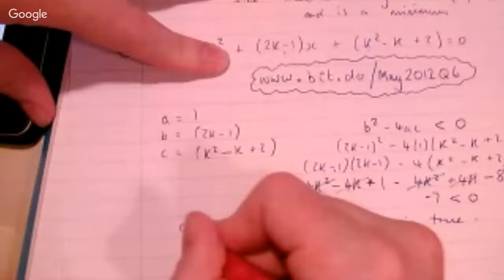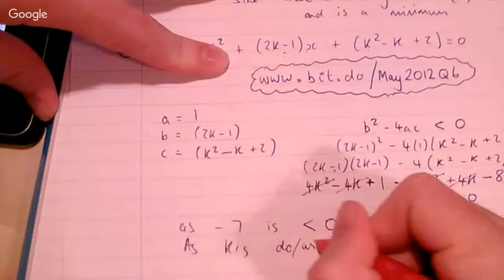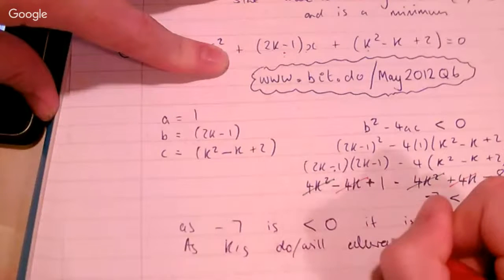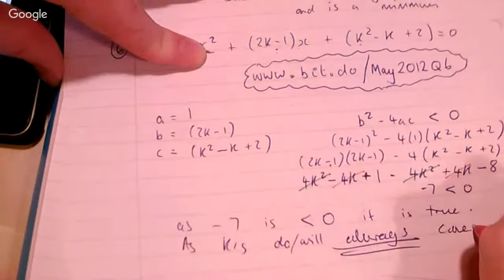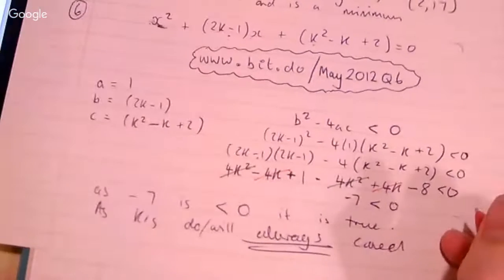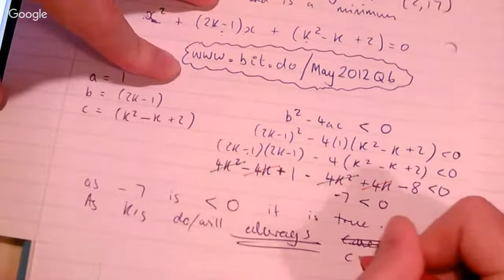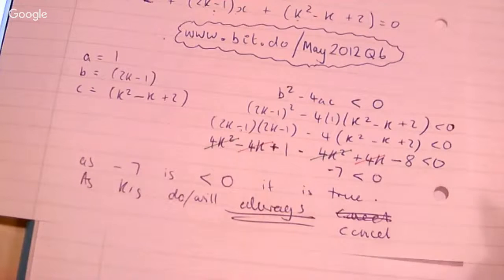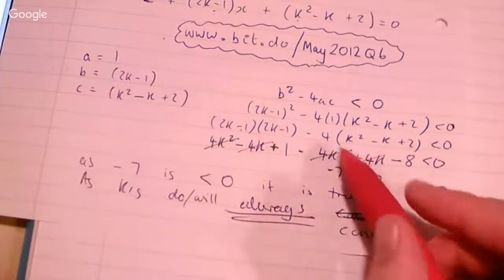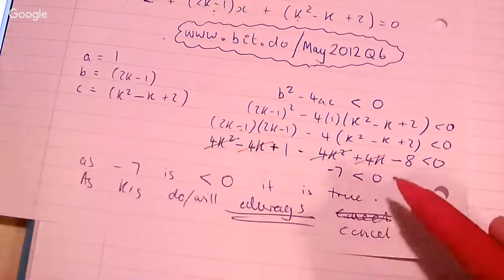Say, as k's will always cancel. Always cancel. It doesn't matter. Let me write cancel a bit better there. Will always cancel, and basically because of that, it's irrelevant. Your answer will always be minus 7, which is less than 0, which means that you will always have no real roots.